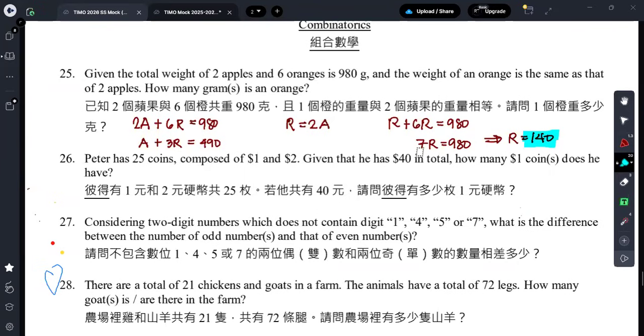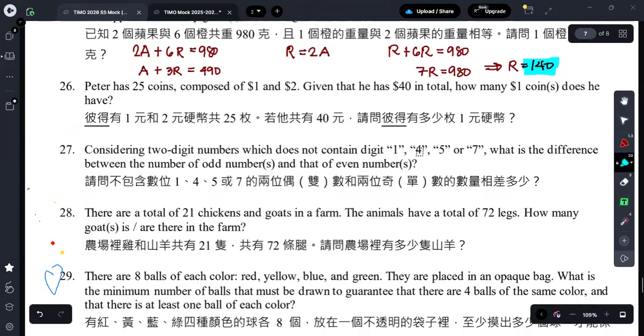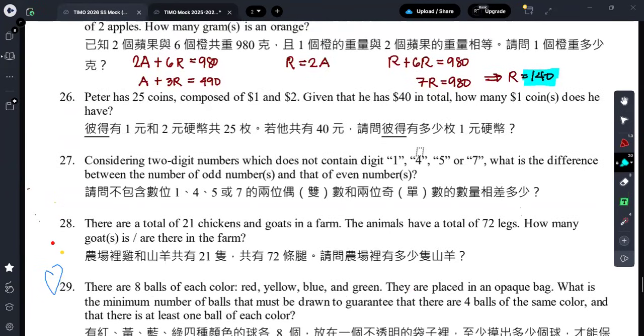Okay? Number 26. Peter has 25 coins composed of $1 and $2 coins. Given that he has $40 in total, how many $1 coins does he have? Okay?